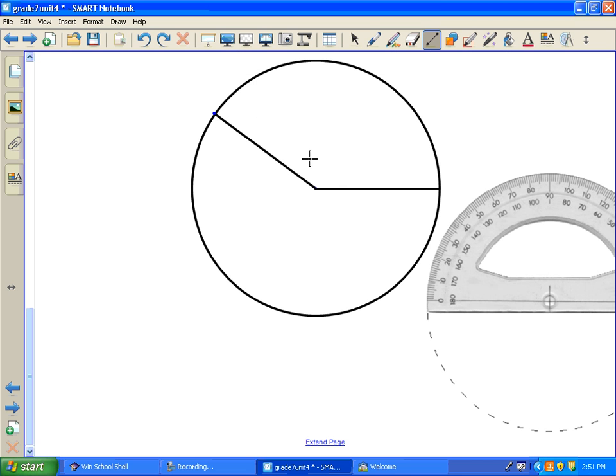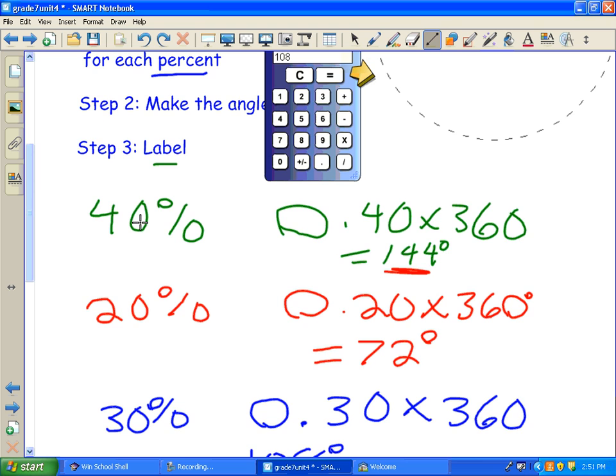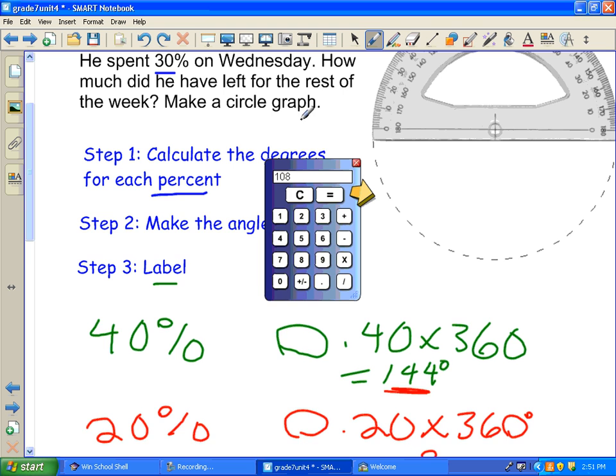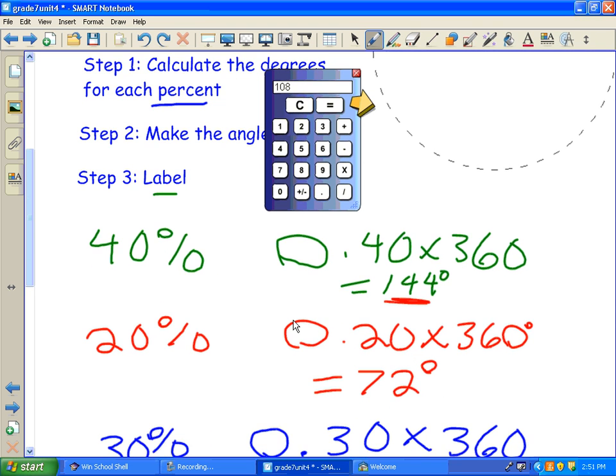And this angle right here should be 144 degrees, or, as we calculated, 40%. So I could shade it in and write 40% for this one.